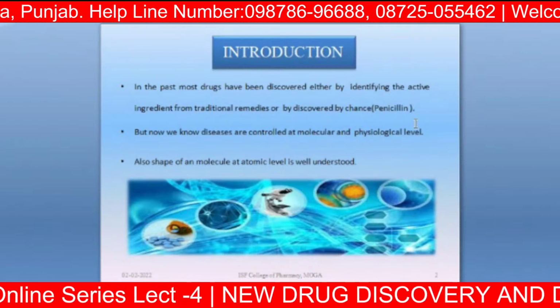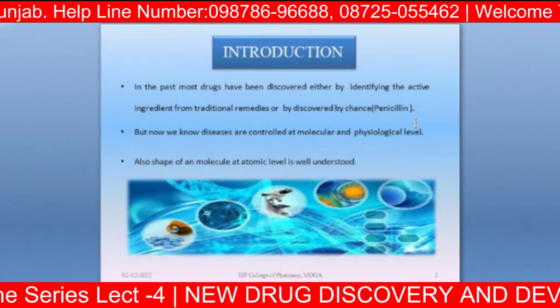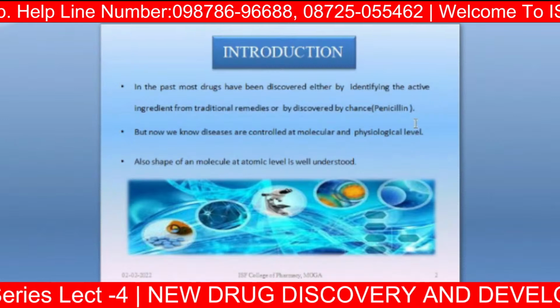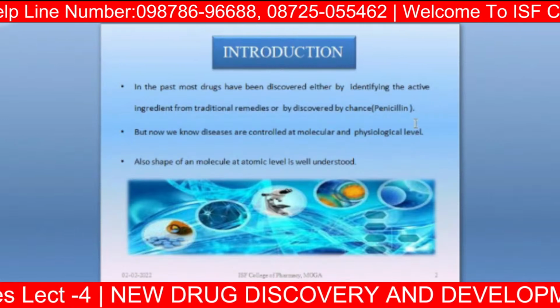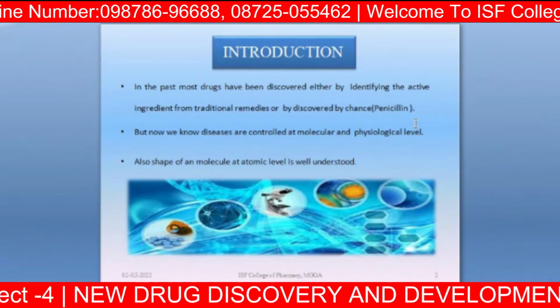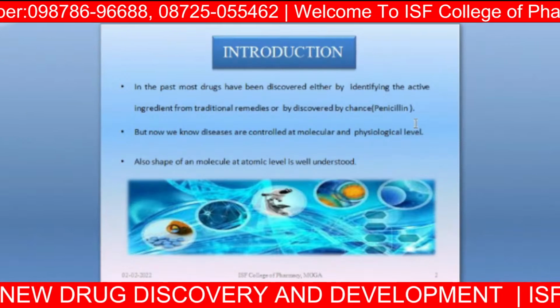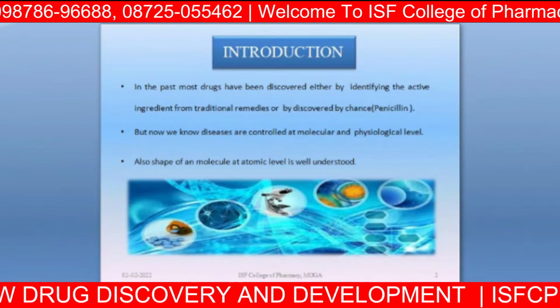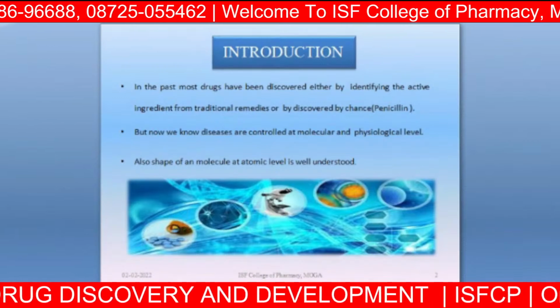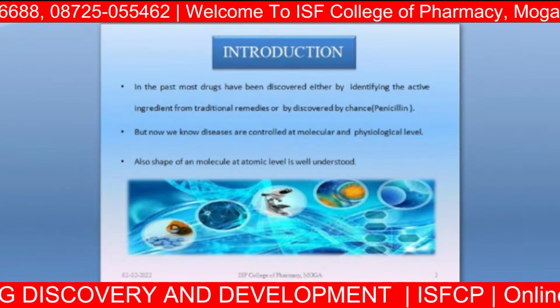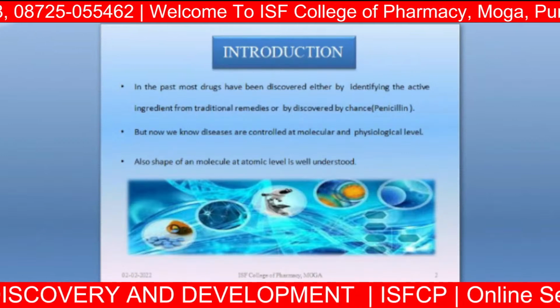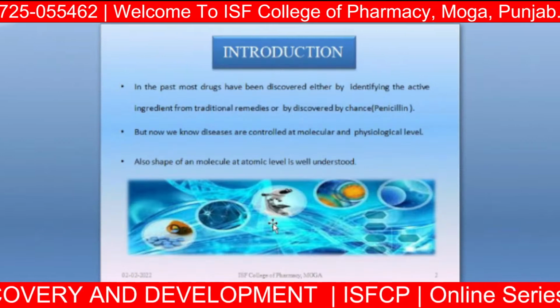But now we know diseases are controlled at molecular and physiological levels, so it is also a part of it. Previously the diseases were different, but nowadays, the type of disease might also differ from one to another.